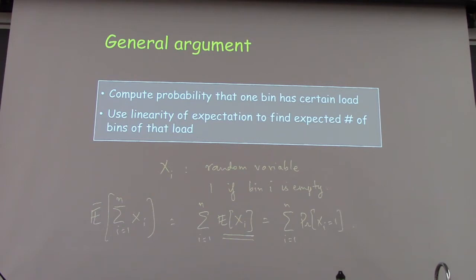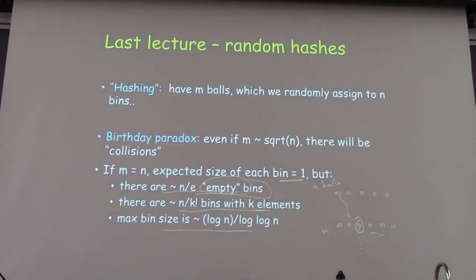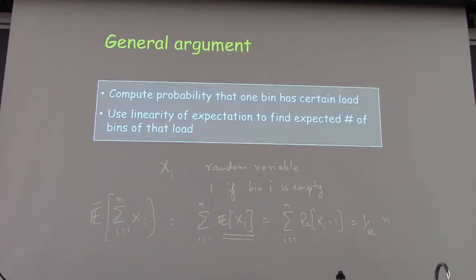And this in our setting turned out to be 1 over e for every i. Therefore, you got n by e. And then we did a similar kind of analysis for all the other questions that we saw. So this was a summary of what we did last time.